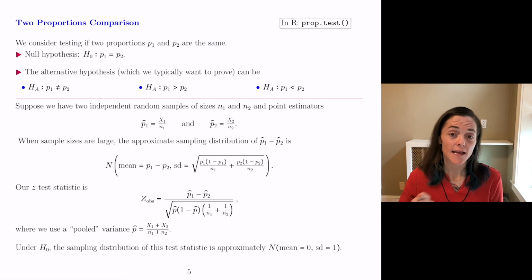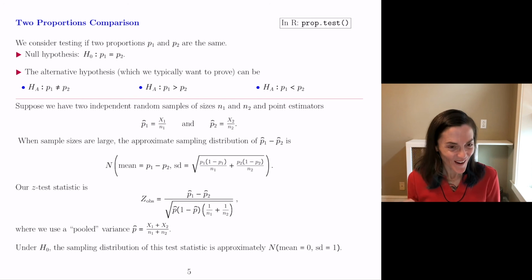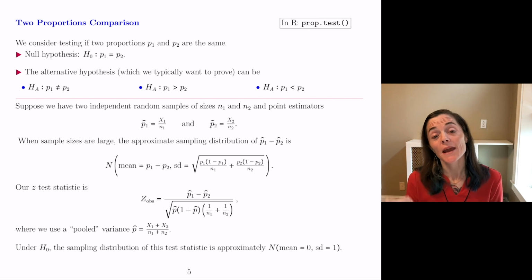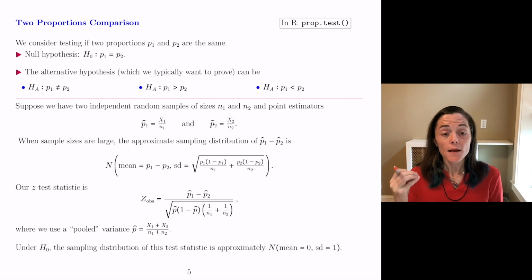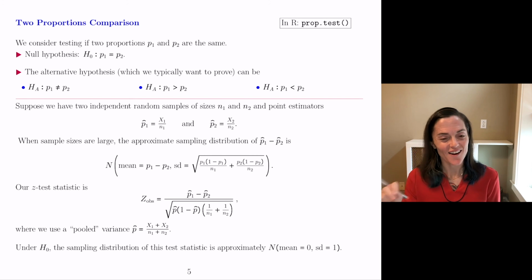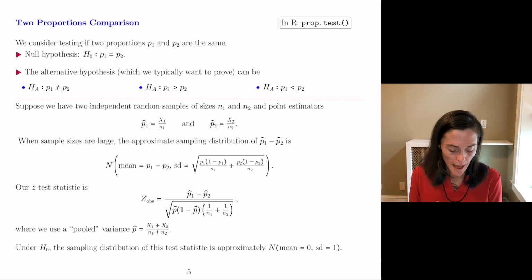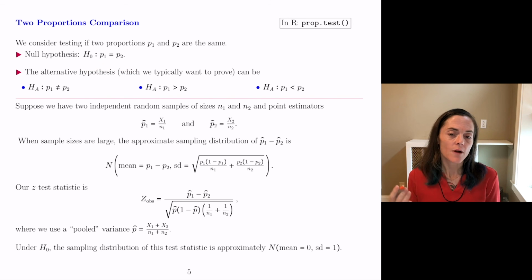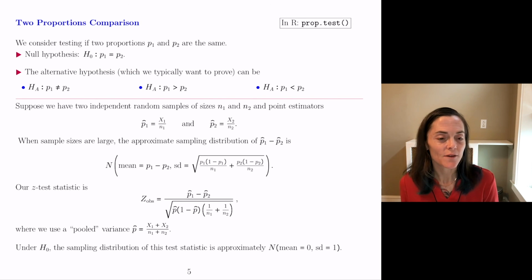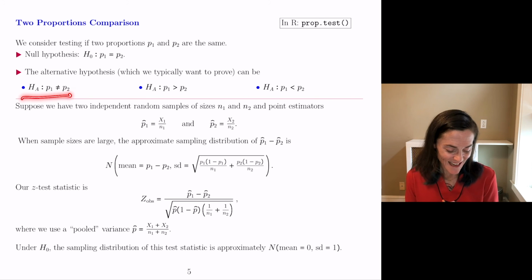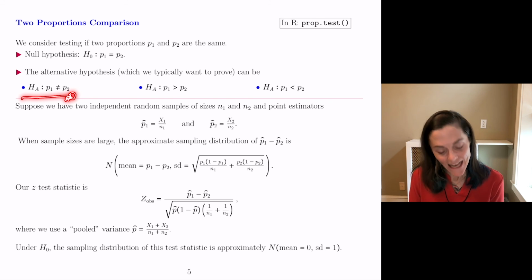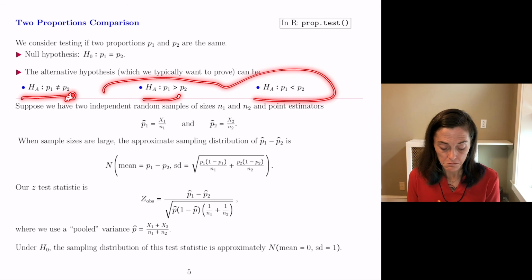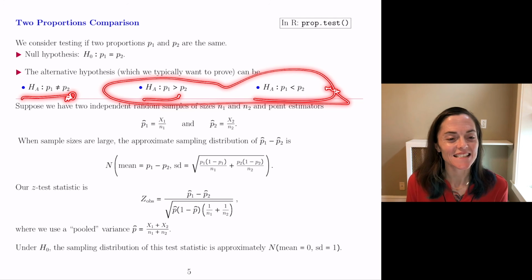The last test I will give an overview on is when we want to compare two proportions. Here we want to test whether two different proportions are the same. The null hypothesis is that they are the same, and then we have three different possible alternative hypotheses. This one would be a two-sided test, and these two would give one-sided tests.